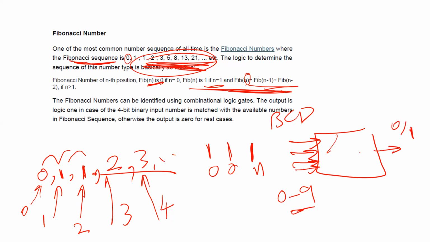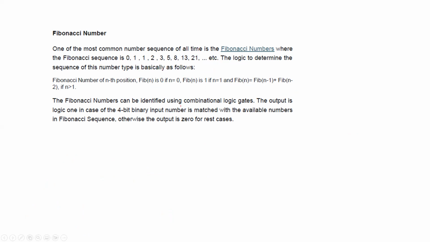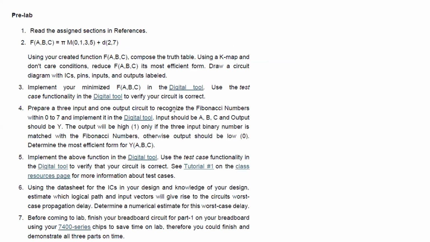If the input number is one of the numbers in the Fibonacci series, the result is 1. Otherwise, the result is 0. So we need to design a logic circuit that can be used to identify or detect if the number is Fibonacci or not, okay?